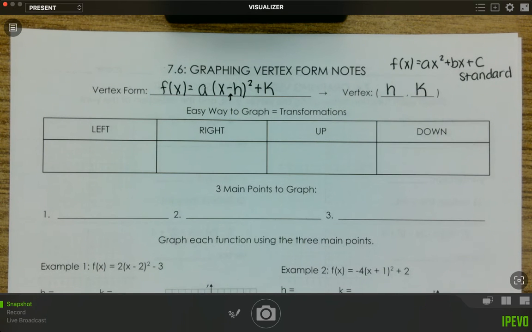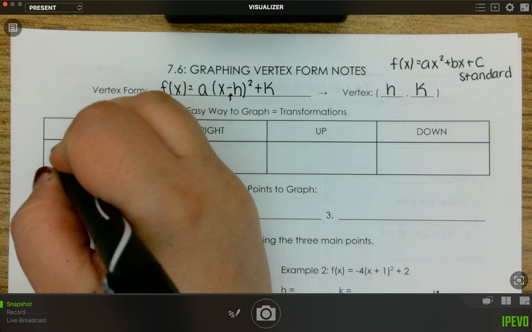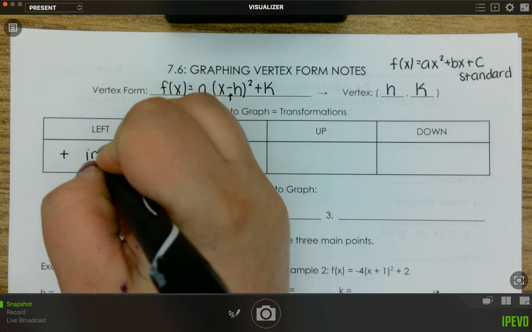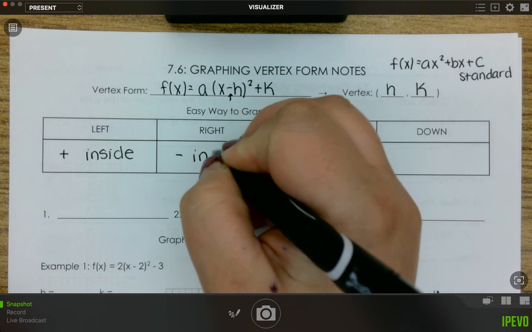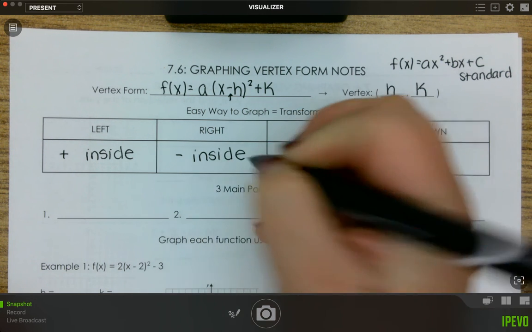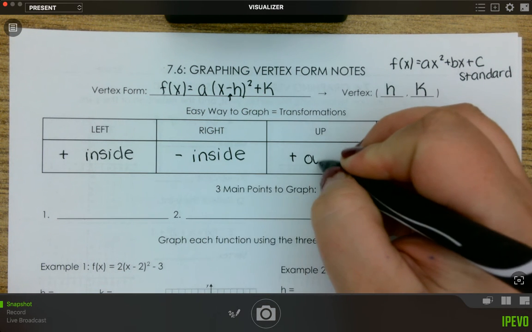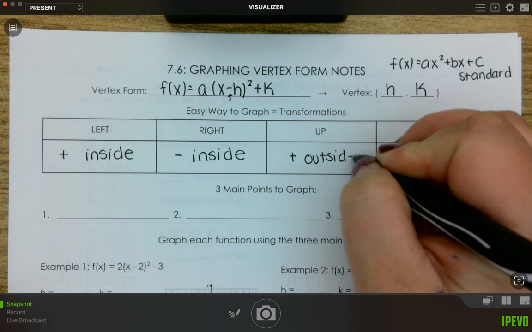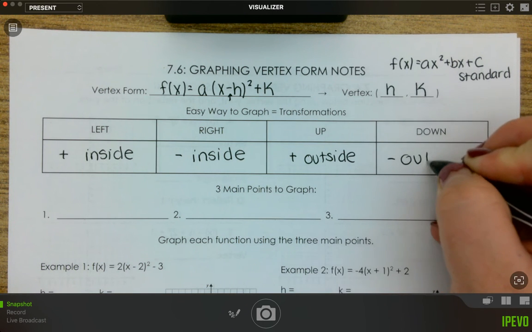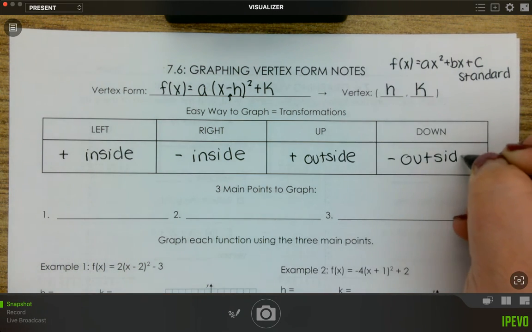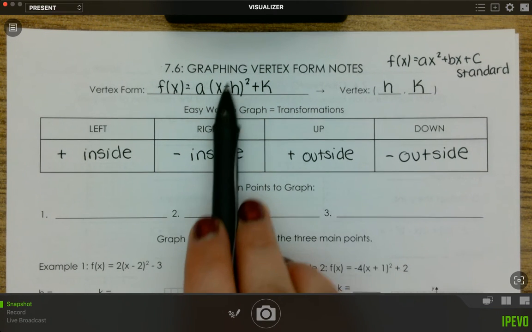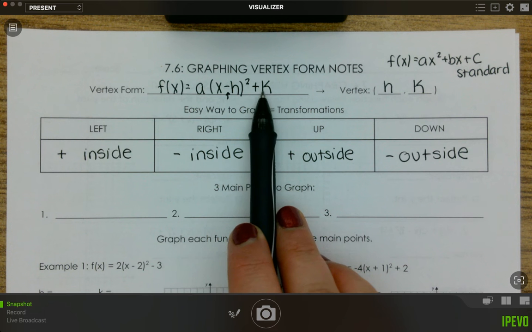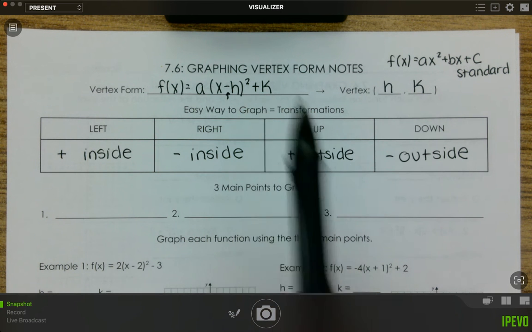Before we jump into graphing it, I do want to remind you that when we were talking about transformations, left was a plus on the inside, right was a minus on the inside, up was a plus on the outside, and down was a minus on the outside. I'll come back to this in just a second, but basically we're just moving these graphs left and right, up and down. That's what these two numbers do.